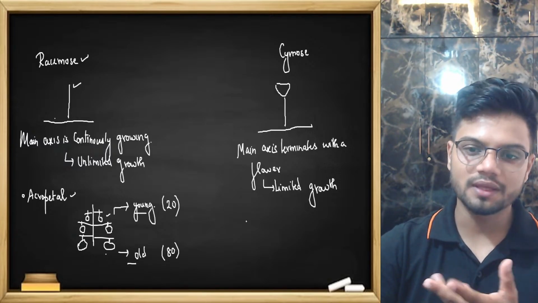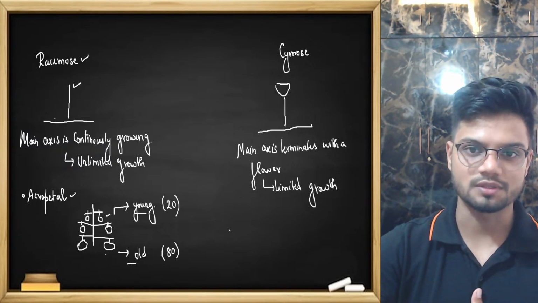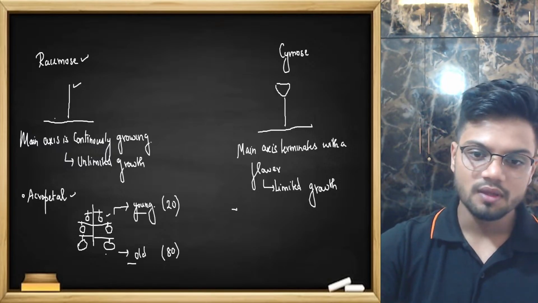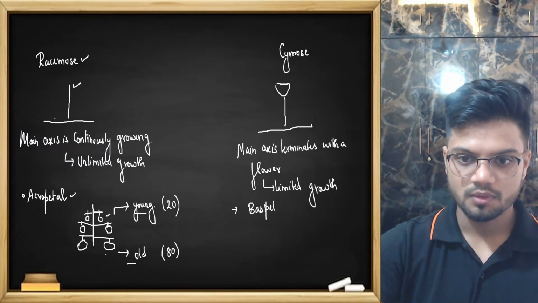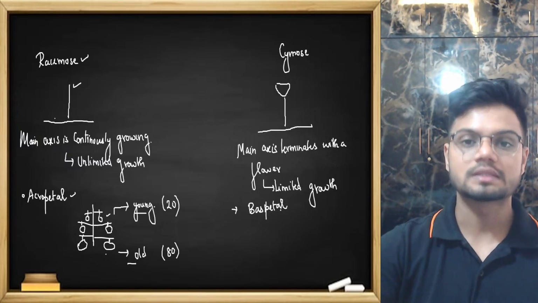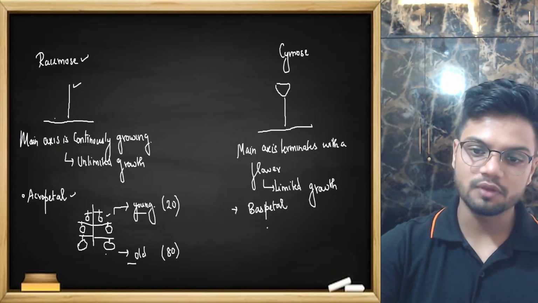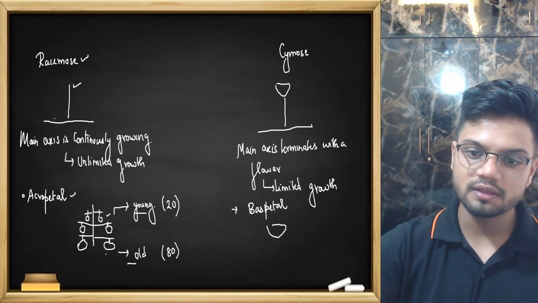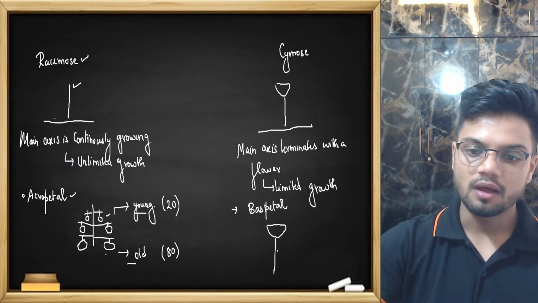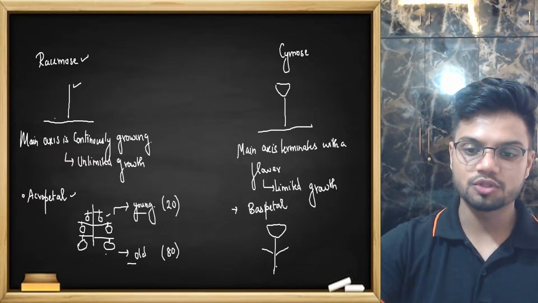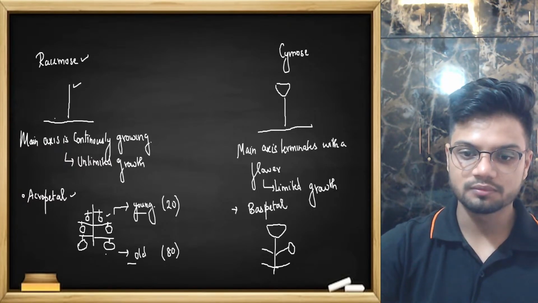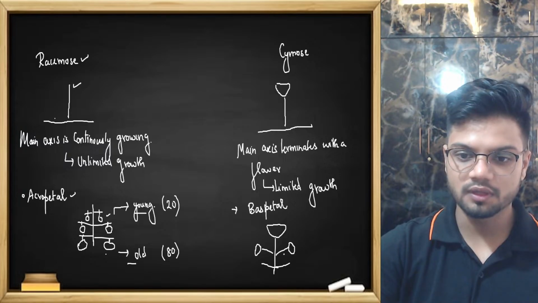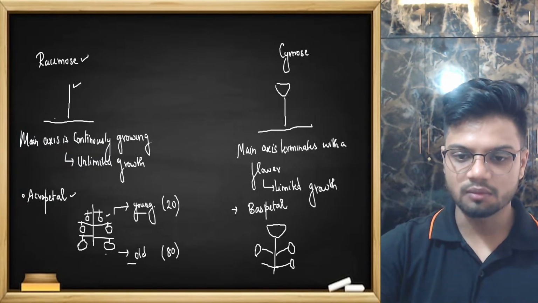Now, in the case of cymose inflorescence, there is something called basipetal succession. What is the meaning of basipetal arrangement of flowers? We have an old flower at the terminal position, and as we come down we have much smaller flowers, and very young flowers at the bottom.